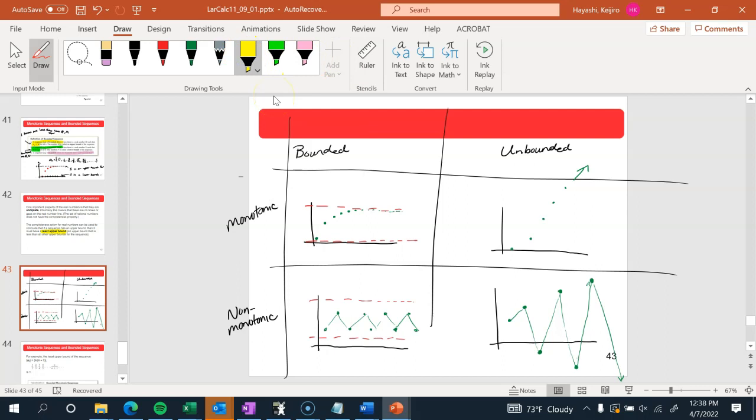But the one that we're going to be talking about right now is sequences that are both bounded and monotonic. If you look at that sequence for a second, it's monotonic, so it's continually increasing, but it's also bounded, so it can't just increase to infinity.